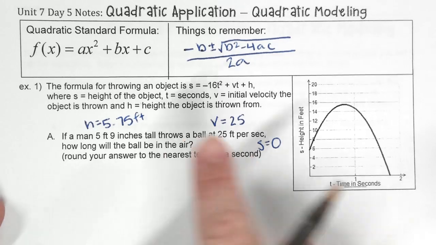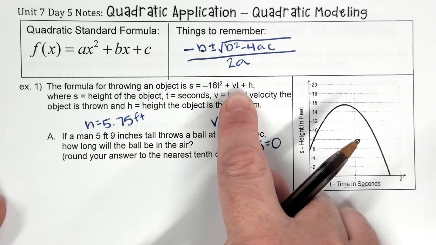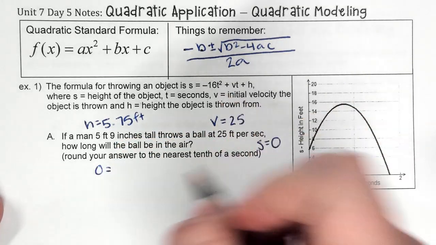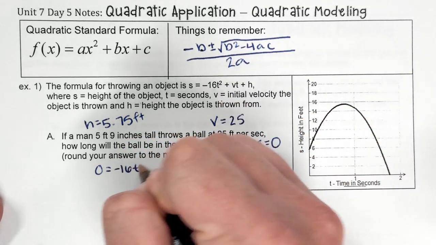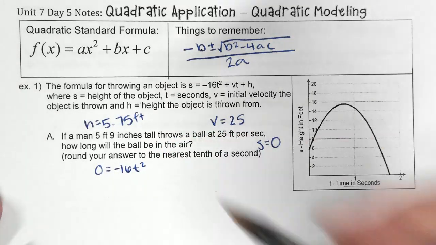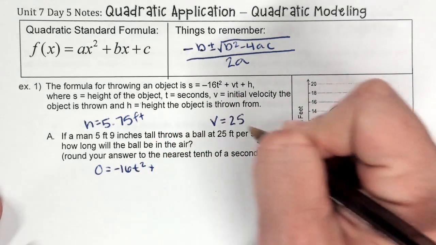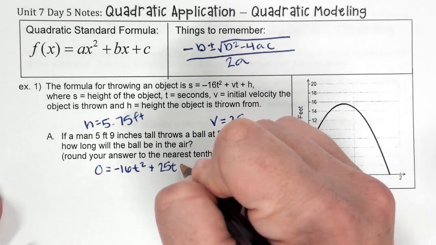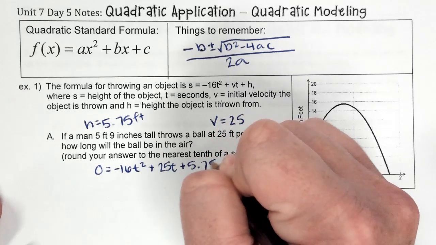So knowing that, we're going to plug those 3 things in here. So S is 0 equals negative 16 t squared. We don't know t for time because that's literally what it's asking, how long. Okay, plus v is 25 times t plus h, which is 5.75.